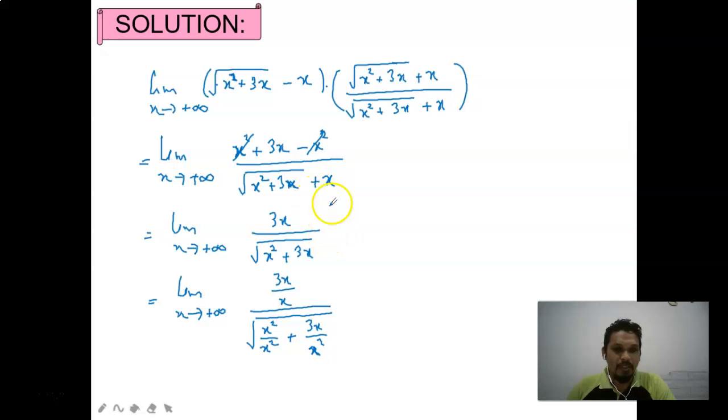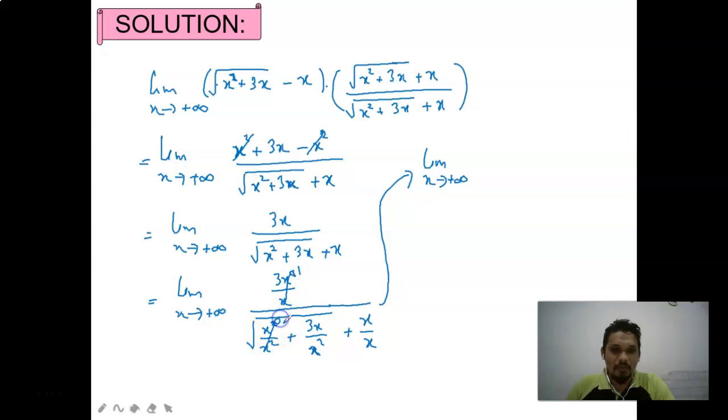Okay, I forgot something. We got plus x here, so for this one, plus x divided by x. Now the limit of x approaching positive infinity. So x divided by x equals 1.